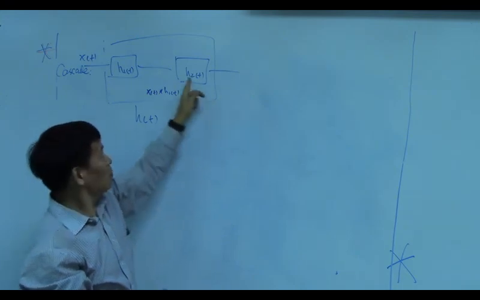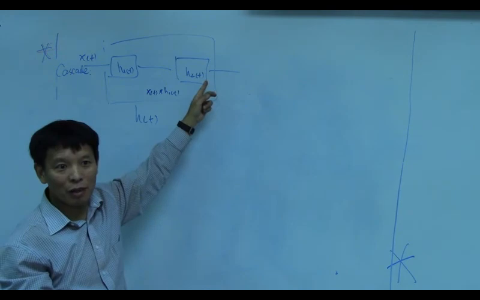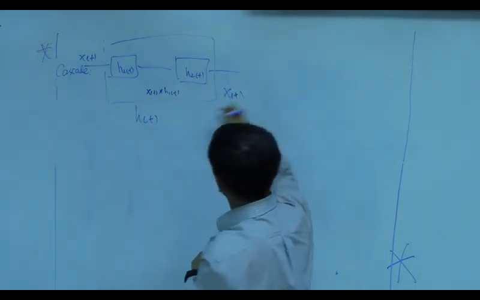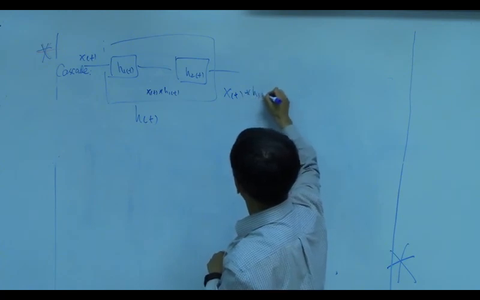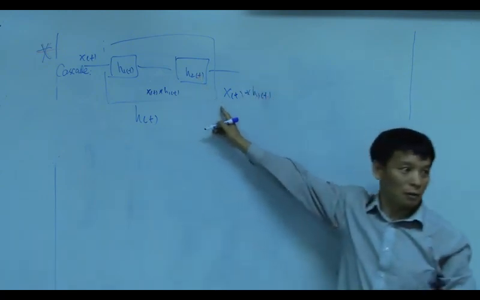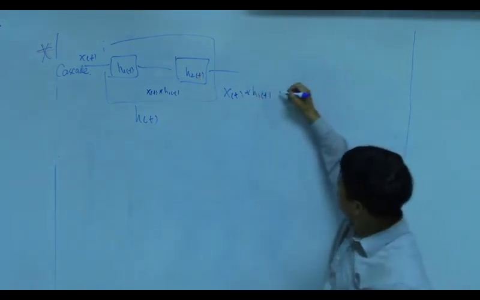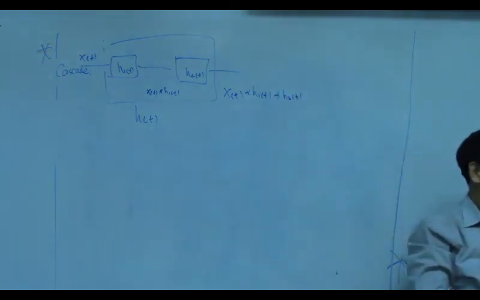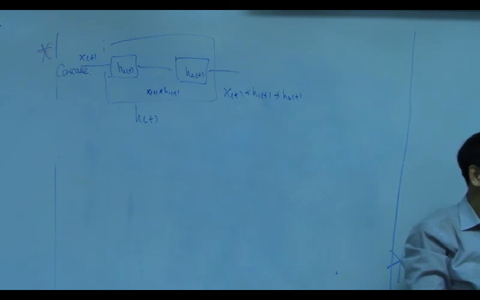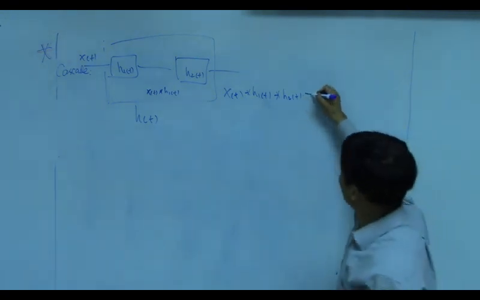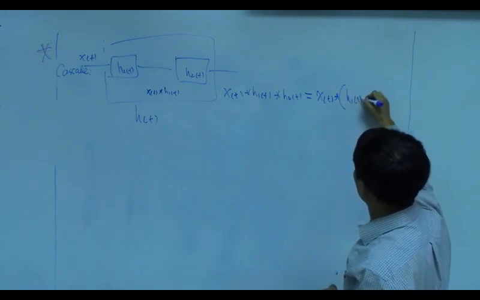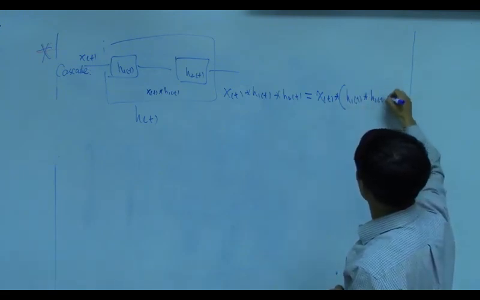It will be the input convolved with h2, so x(t) convolved with h1(t), and then convolved with h2(t). This equals x(t) convolved with h1(t) convolved with h2(t).